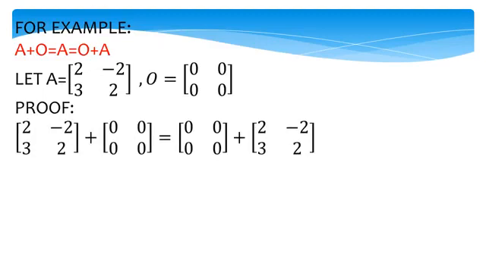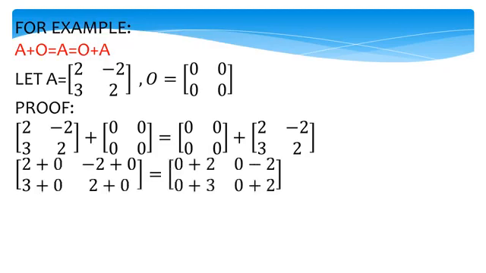Proof: 2 minus 2, 3, 2, A matrix, plus sign, and then write O matrix, which is null, 0, 0, 0, is equal to O matrix plus A matrix. After addition, 2 plus 0, minus 2 plus 0, 3 plus 0, 2 plus 0, and in right hand side, 0 plus 2, 0 minus 2, 0 plus 3, 0 plus 2.